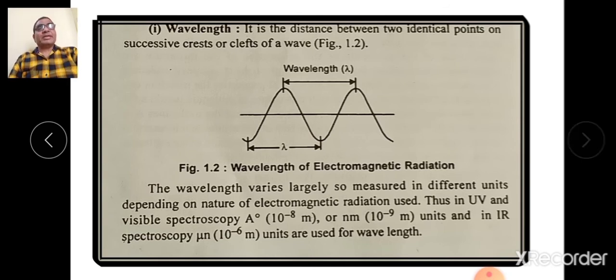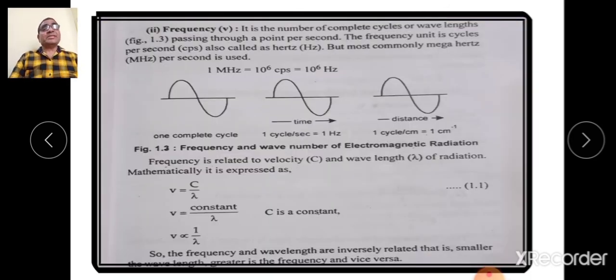The next parameter is frequency, denoted by the letter nu. The frequency is the number of complete cycles or wavelengths passing through a point per second. I am showing here, this is one cycle.